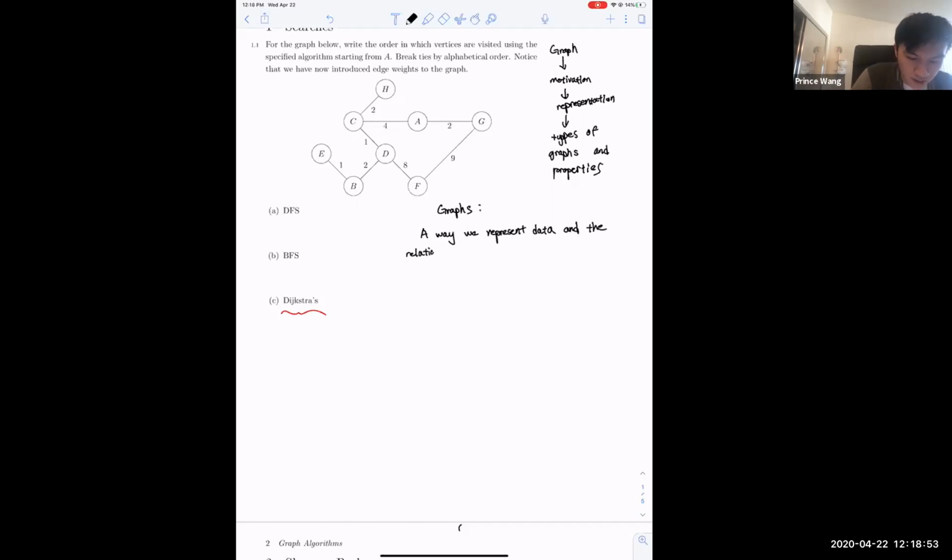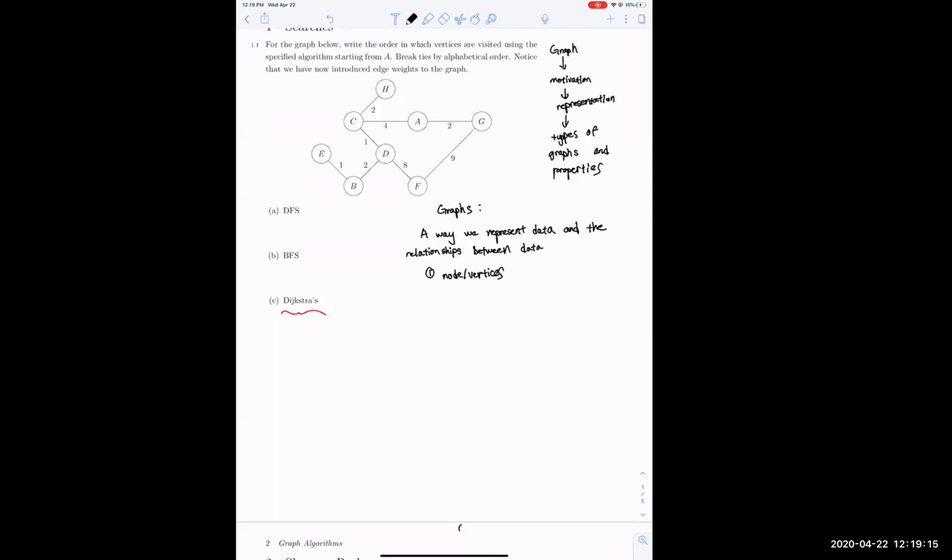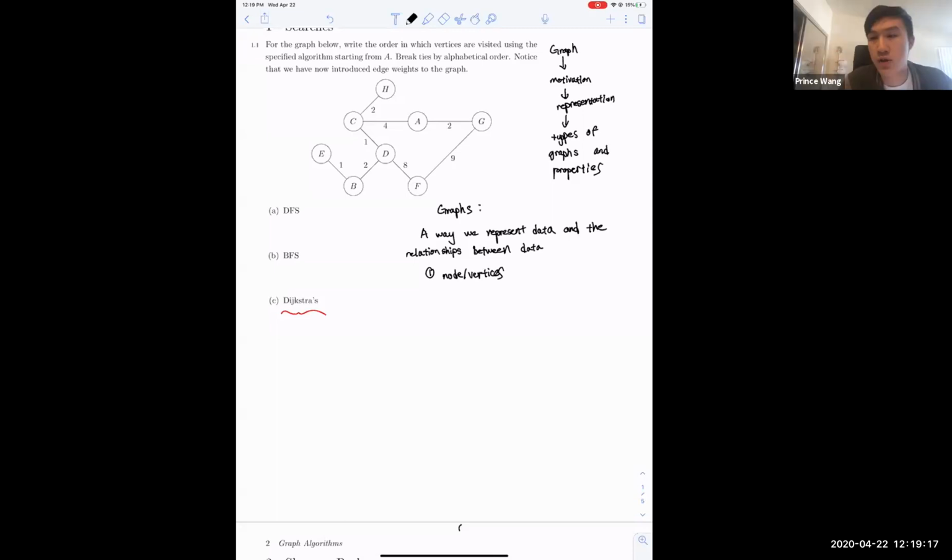So what I mean by that: there are two important components of a graph. One is called the nodes, which are also called vertices. You can think of the vertices and nodes as like nodes in a binary search tree.